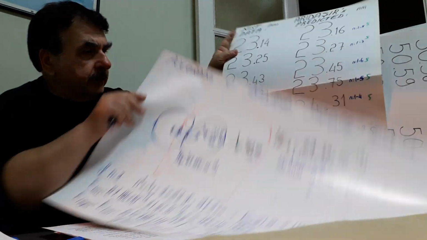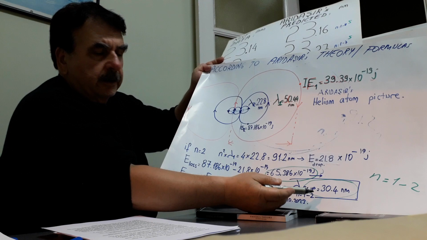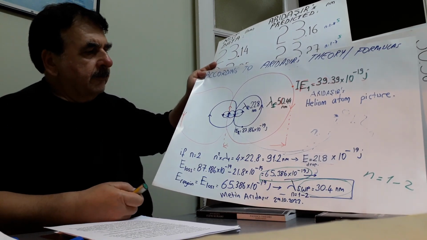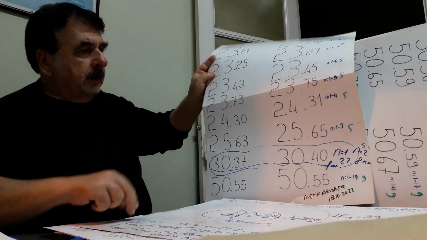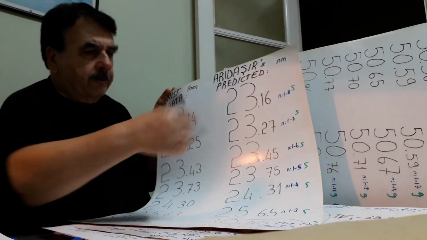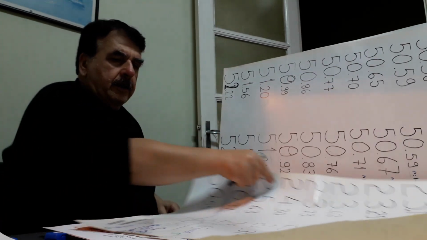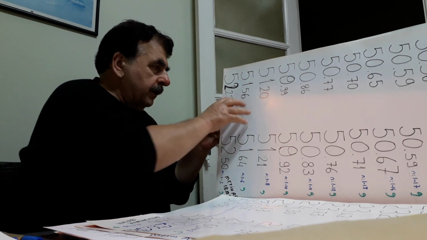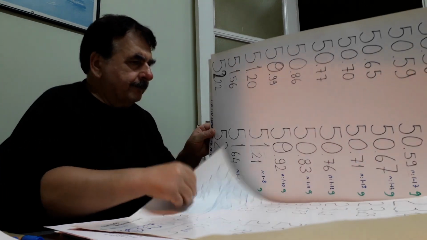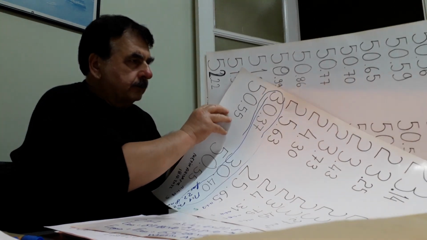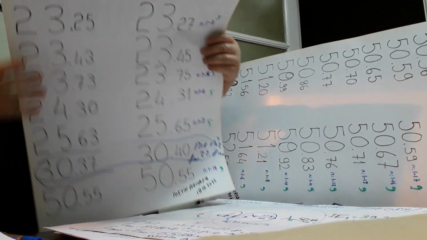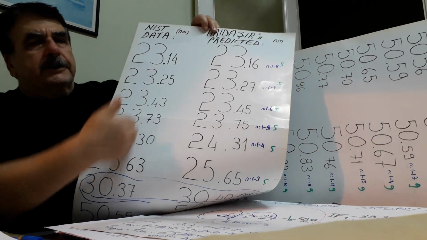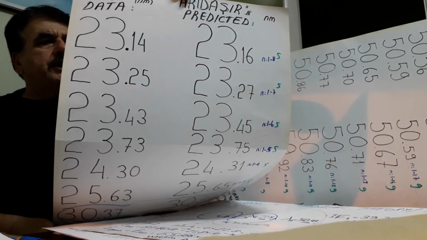Now, here, what I computed, 30.4 nanometer. For each line, I have computed according to my theory and my formulas. Wait a moment. Here, first page, I advise you to notice left side NIST, right side my computation.